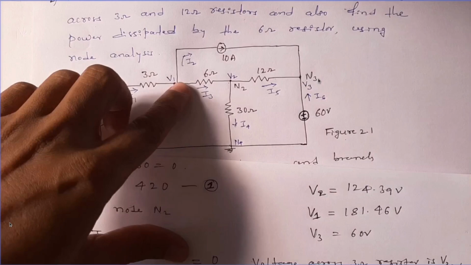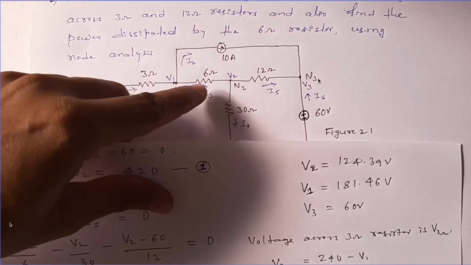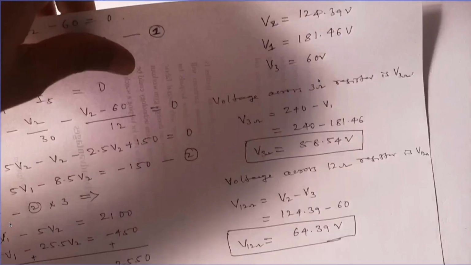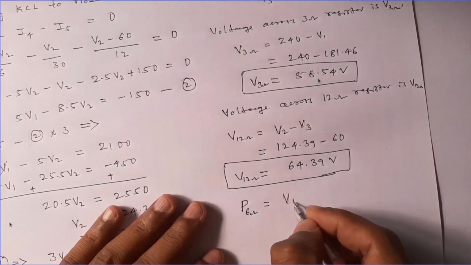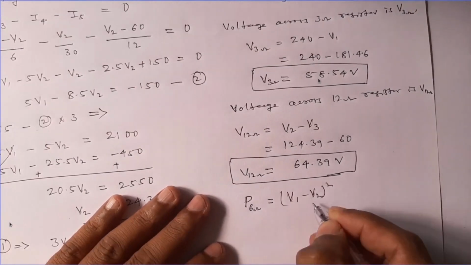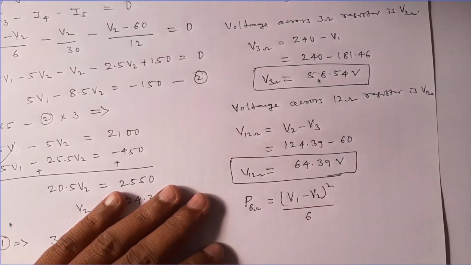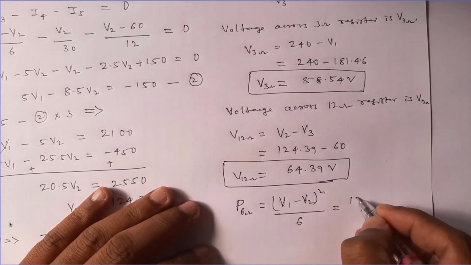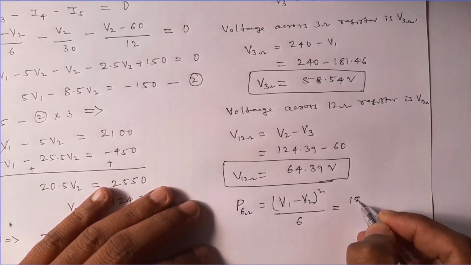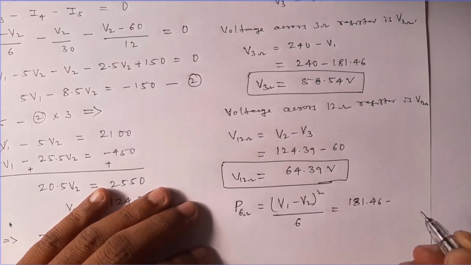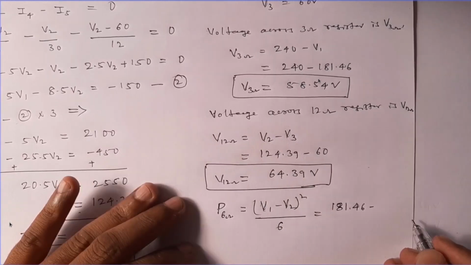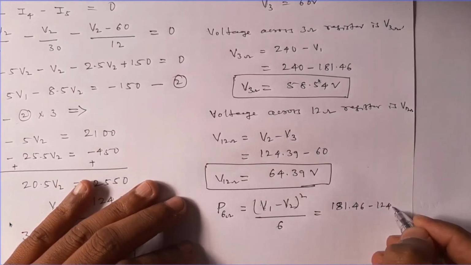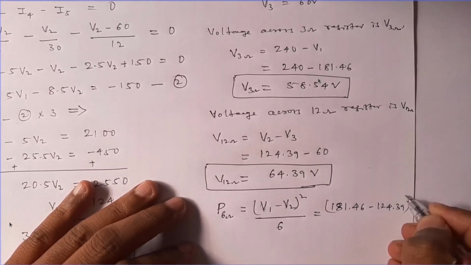So the power across the 6 ohm resistor is (V1 minus V2) squared divided by 6, which is (181.46 minus 124.39) squared divided by 6.